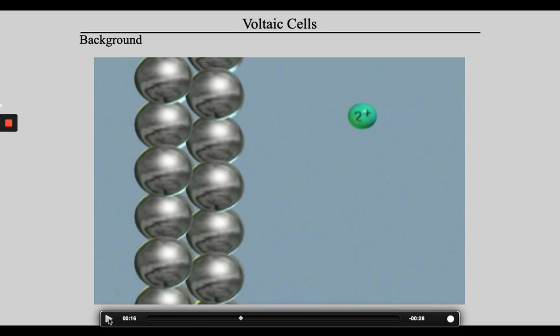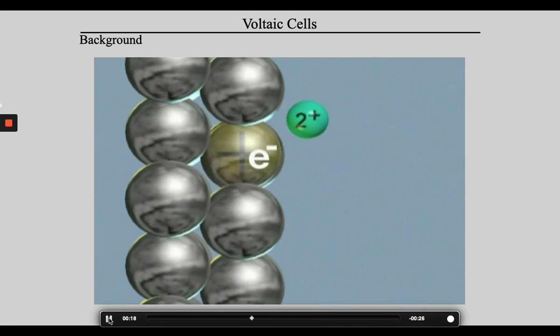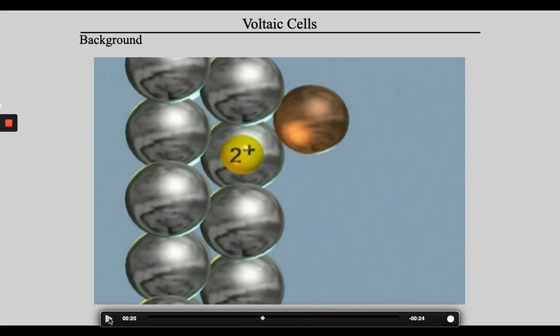So guys, this is actually what this looks like. The copper ion is in solution. This is our piece of zinc. These come into contact. Now, however, copper 2+ ion is reduced. When they come into contact, the zinc metal loses electrons to the copper ion. The copper ion is reduced.